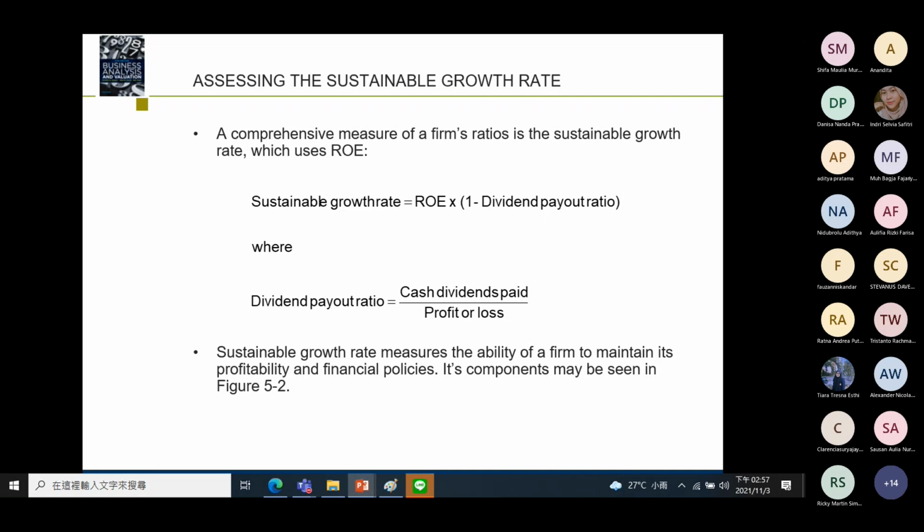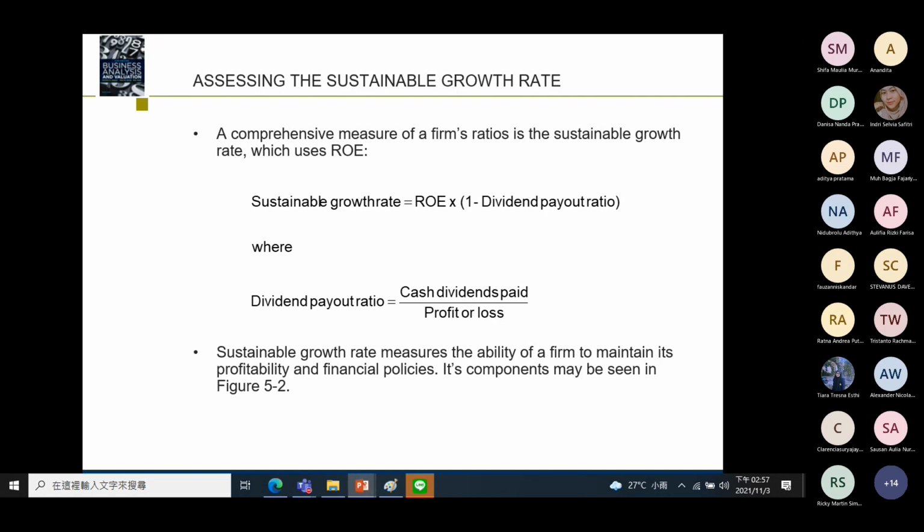A firm's sustainable growth rate is defined as the ROE times one minus the dividend payout ratio. We have already discussed the analysis of ROE in the previous four sessions. The dividend payout ratio is defined as the cash dividends paid over profit or loss.